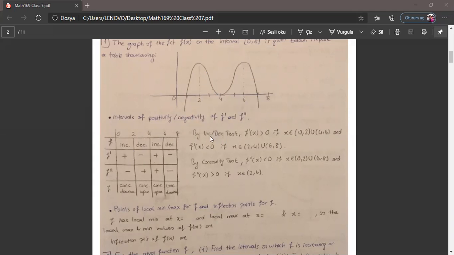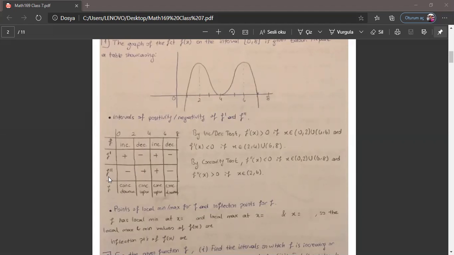So by this test, f is increasing on the interval 0 to 2, then f prime should be positive. If it's decreasing, we say it's negative.